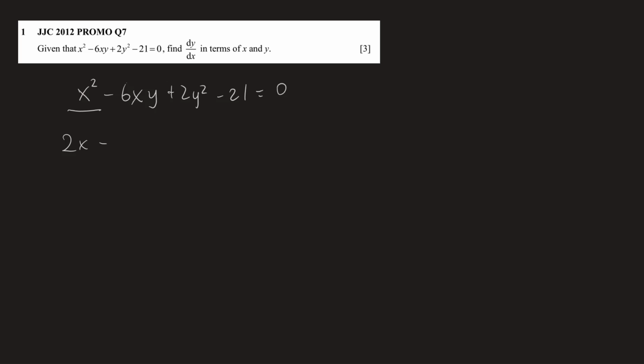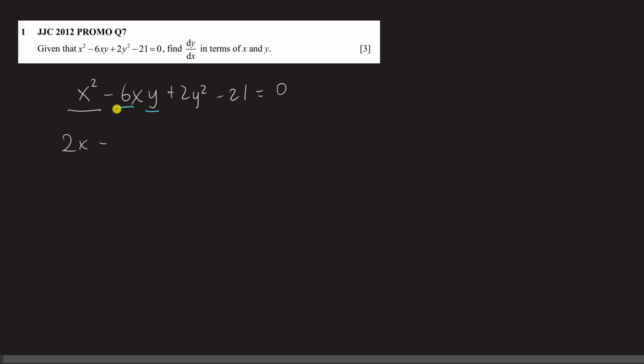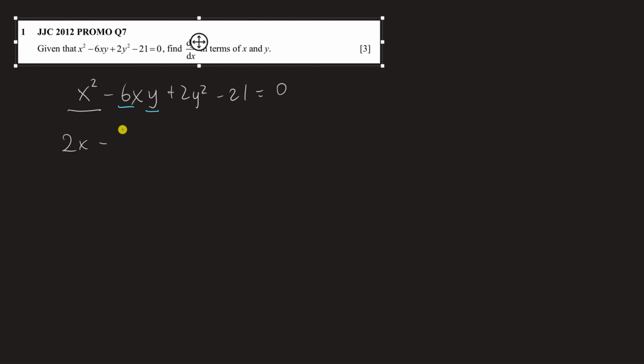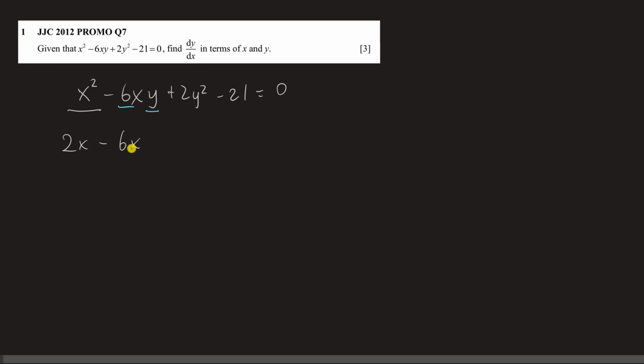So let's start off with writing the question, x squared minus 6xy plus 2y squared minus 21 equals 0. Now, differentiating implicitly, the first item would just be 2x. Differentiate this implicitly now with respect to x. Now you have to make use of product rule here. There is 6x and there is y. So we will hold 6x first and then we'll differentiate y.